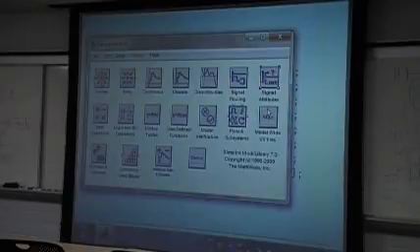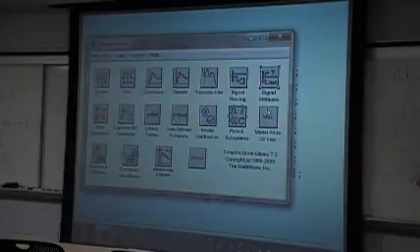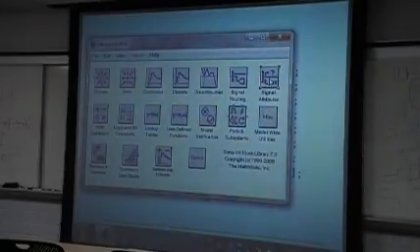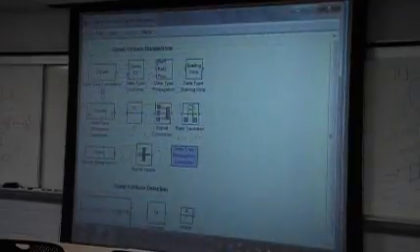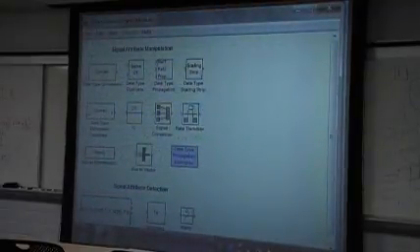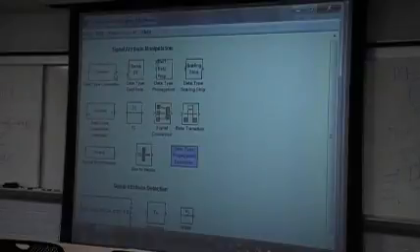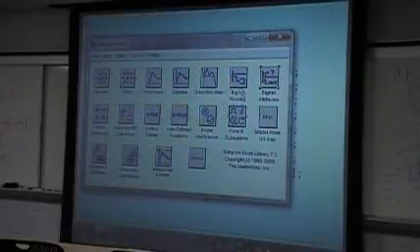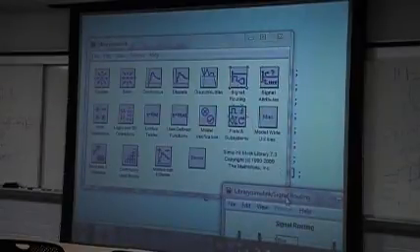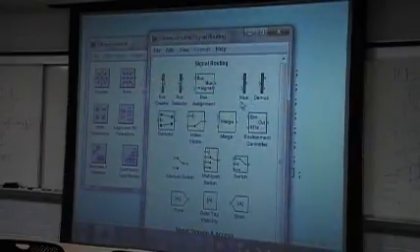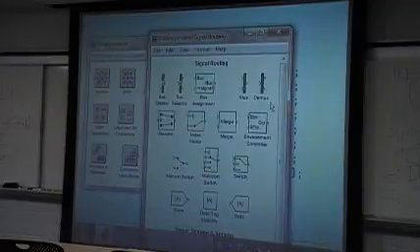In different versions, some of the blocks are distributed differently in different groups. The data conversion has an automatic data conversion in it, and you can also specify the way to convert a signal. In the signal routing group, we have MUX and DEMUX, which I explained earlier.